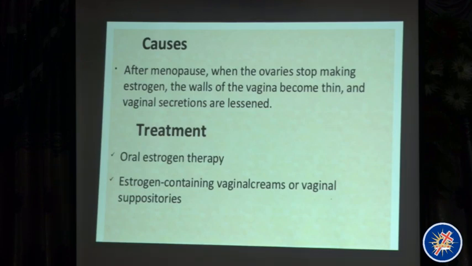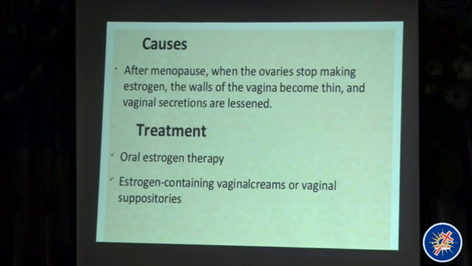The causes I've indicated there. After menopause, when the ovaries stop making estrogen, the walls of the vagina become thin and vaginal secretions are lessened, so that it's very easy for them to get injury. And the treatment is oral estrogen.